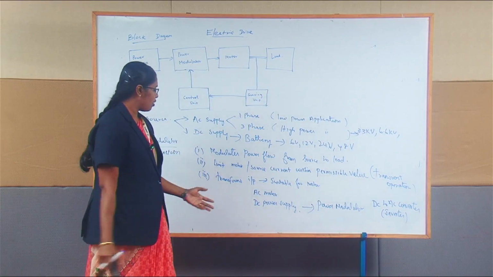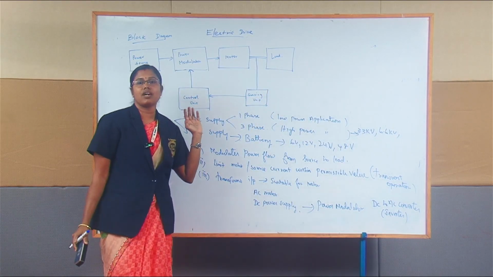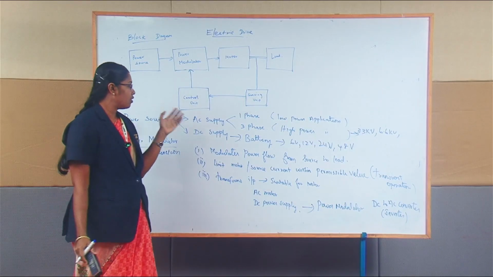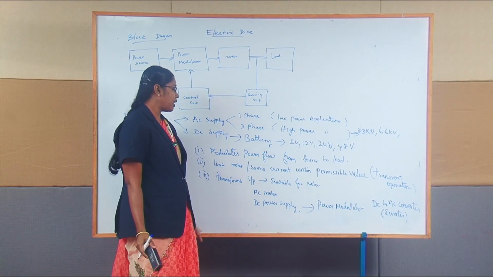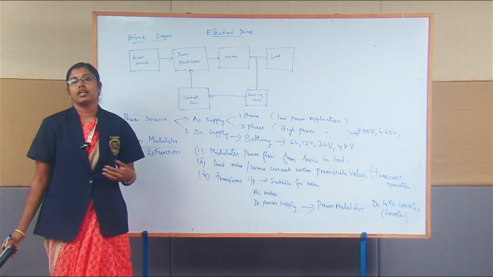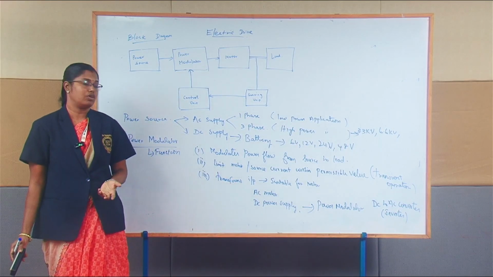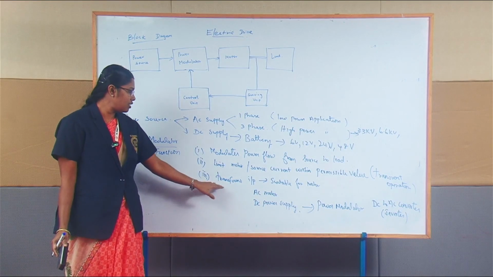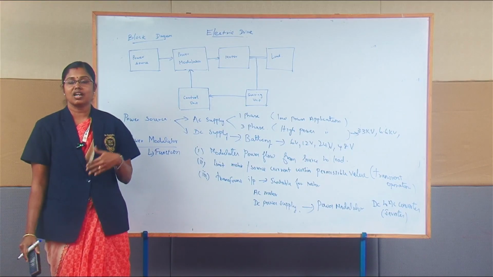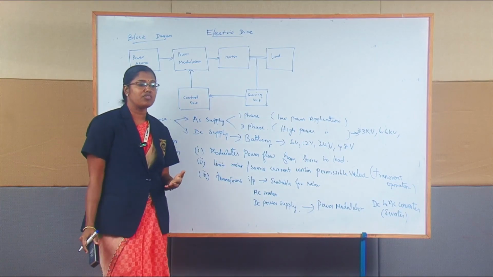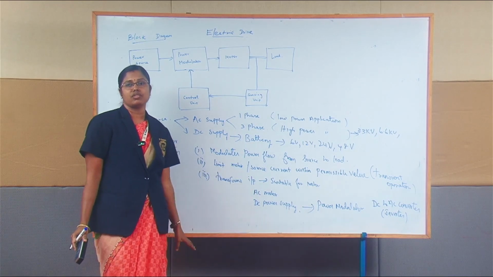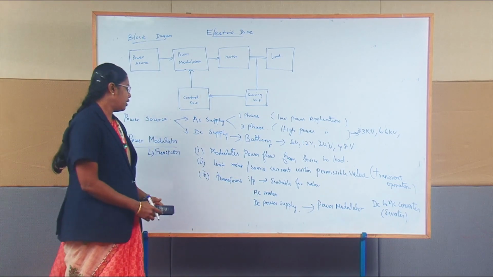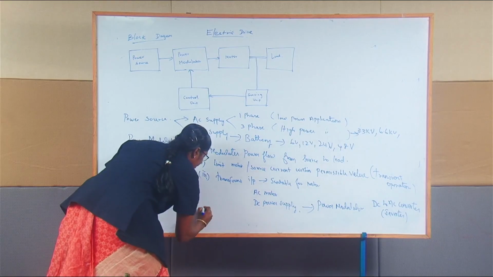Similarly, vice versa also. Sometimes the input supply which is available is AC, but we might need to run a DC motor for our load. So in that case, you need to use an AC to DC converter. So this is the main function, that is, it transforms the input energy into a suitable form of energy which is required by the particular type of motor which you are choosing for your application.